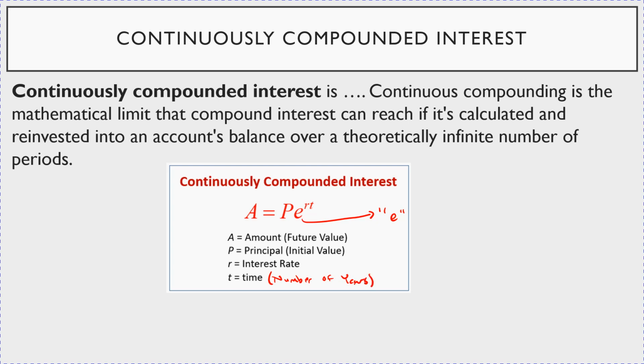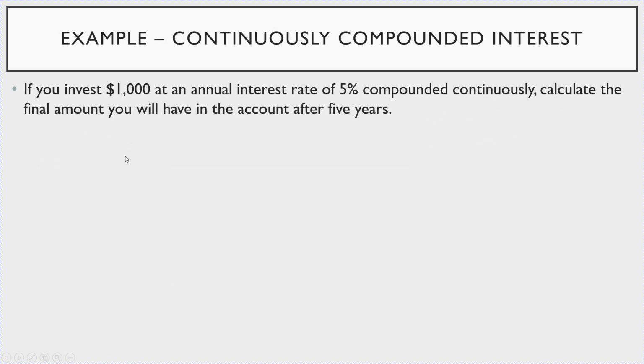All right, so let's use this formula. This is a theoretical formula, where it's compounded every millisecond, continuously, nonstop, at every possible second in time. All right, so here's the problem. If you invest $1,000, so that's my P, at an annual interest rate, so my r is 5%, compounded continuously.